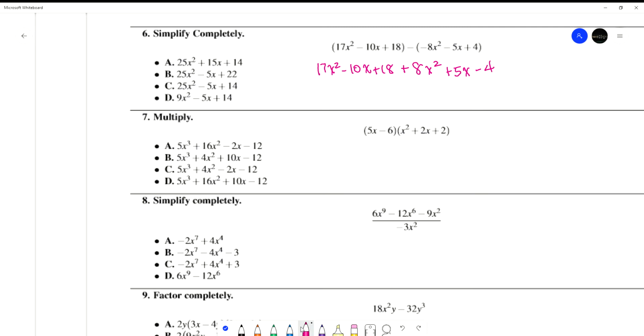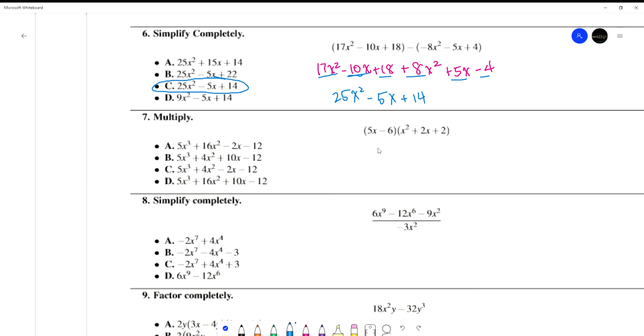We combine like terms. So we got 17x squared plus 8x squared is 25x squared, minus 10x plus 5x is minus 5x. And then plus 18 minus 4 is plus 14. So 25x squared minus 5x plus 14 is C.